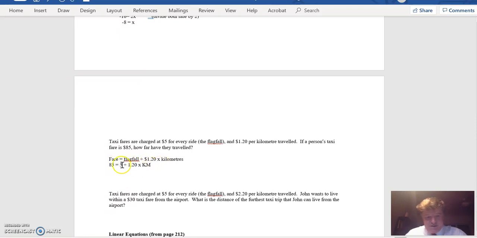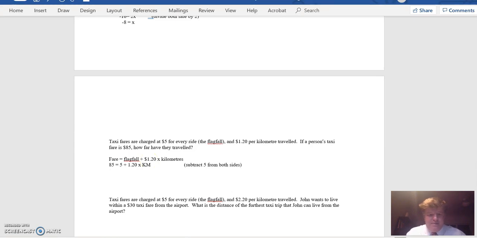So the first thing we can do is get rid of this plus 5 by subtracting 5 from both sides. So if we do that, 85 minus 5 is going to be 80 equals 1.2 times the number of kilometres. To get kilometres by itself, it's 1.2 multiplied by kilometres.